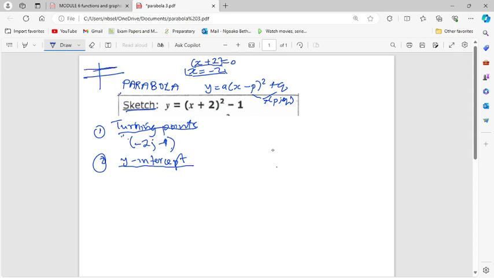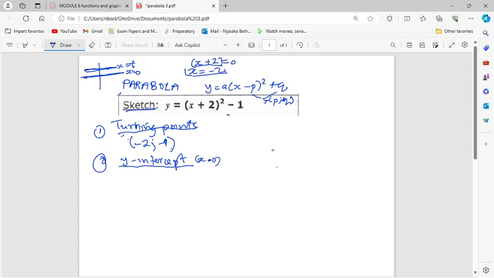The line that cuts the y-axis is x equals t, for any value of t. So for it to be the y-intercept, x will be 0.